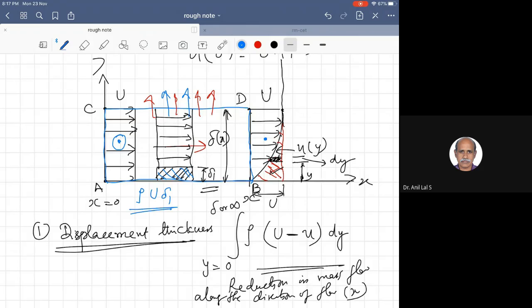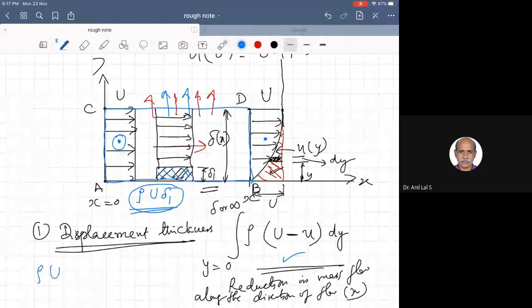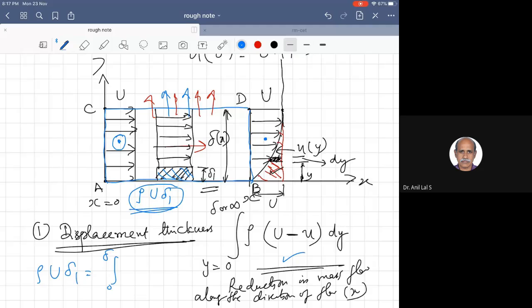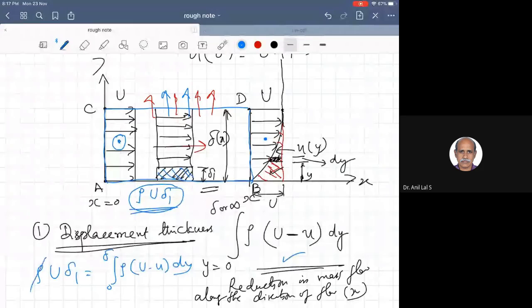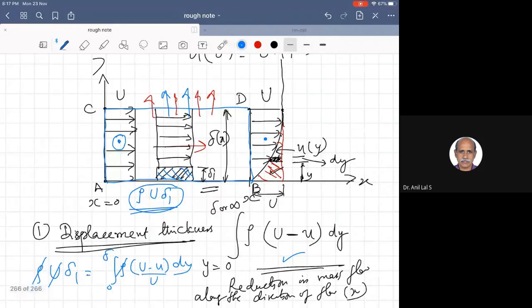The loss of flow due to shifting of the bottom wall is equated to the reduction in mass flow along the direction of flow due to the formation of the boundary layer. So rho U delta 1 is equal to the integral from 0 to delta of rho times (U minus u) dy. The rho cancels and the U is taken to this side.